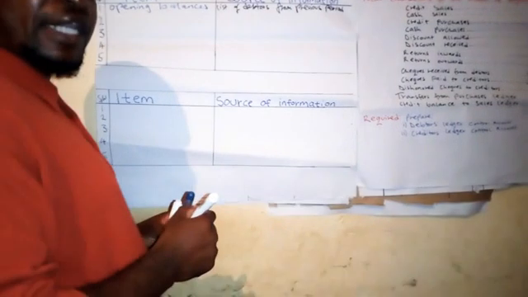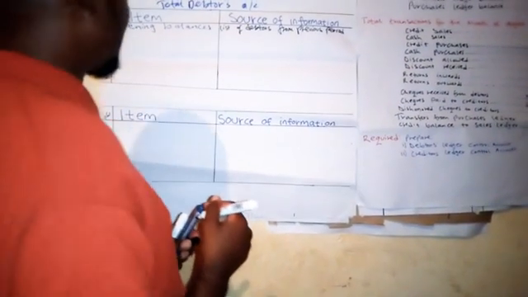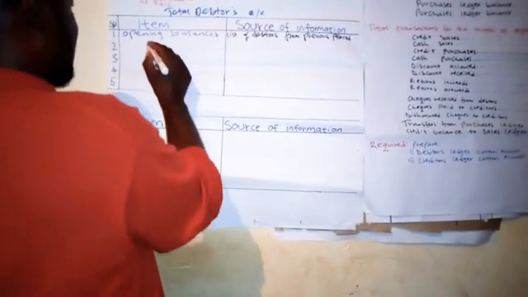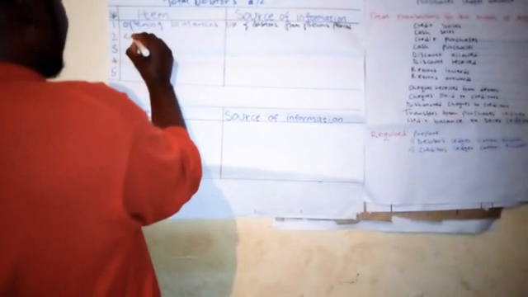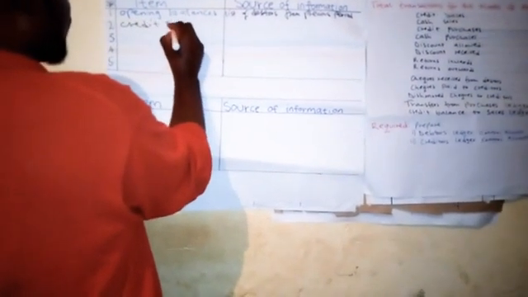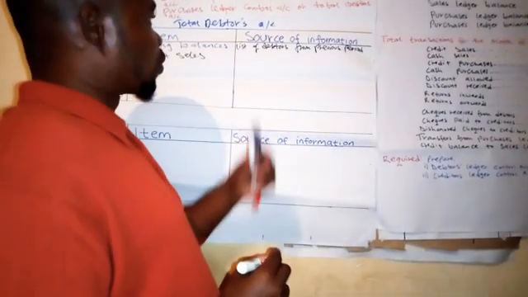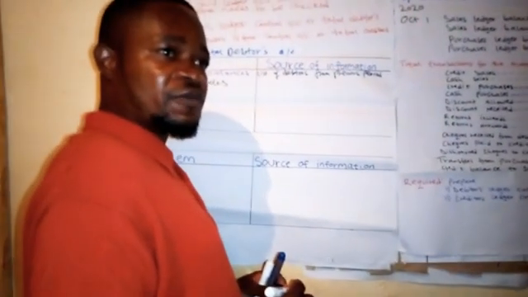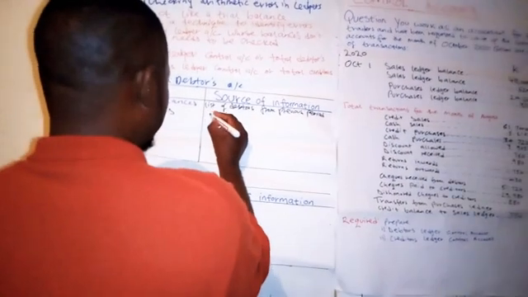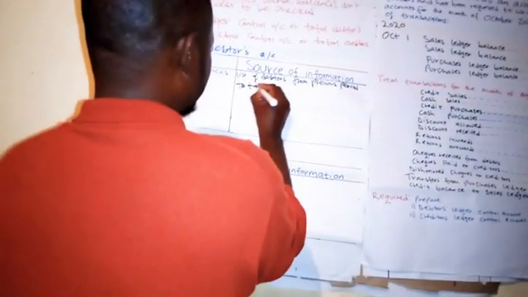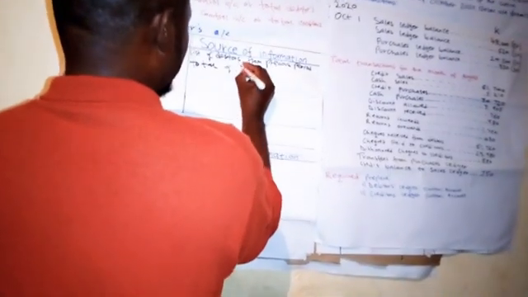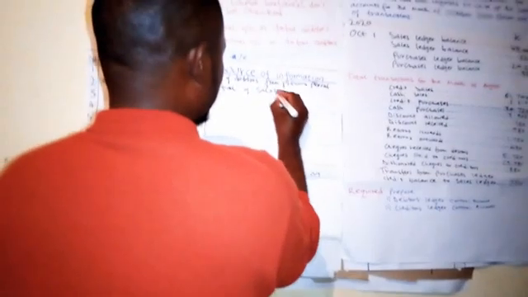Okay, then the second item that you find in the total debtors account is credit sales. So the credit sales, the source of information is from the total sales journal. Okay, total of sales journal.